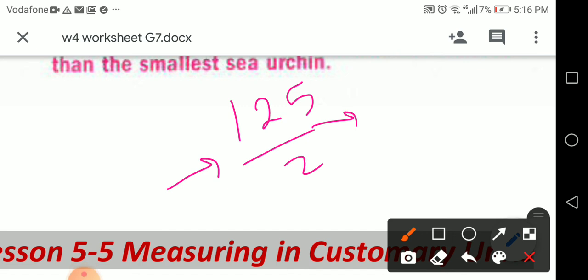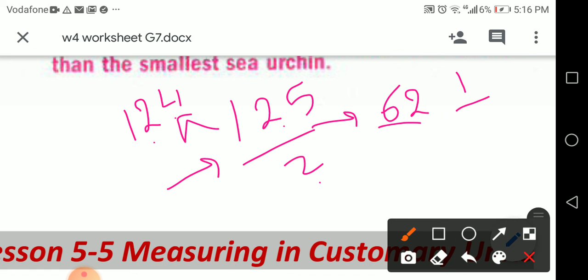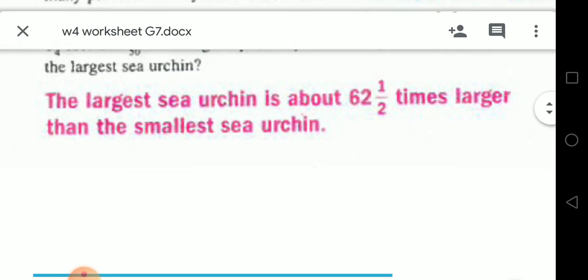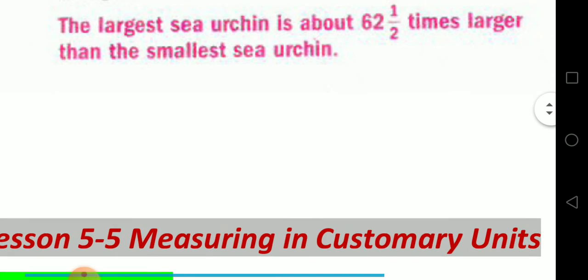How can I do it? 125 divided by 2. We find the nearest number, 124. 124 divided by 2 gives me 62 as the whole number, and the remainder is 125 minus 124, 1, so 62 and a half. Okay guys, so it is 62 and a half times larger than the smallest sea urchin.